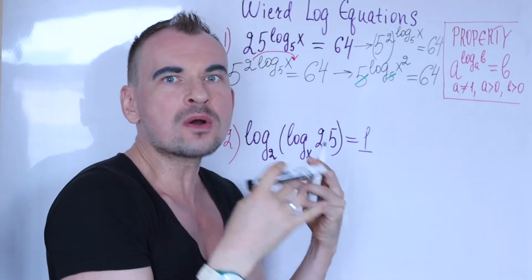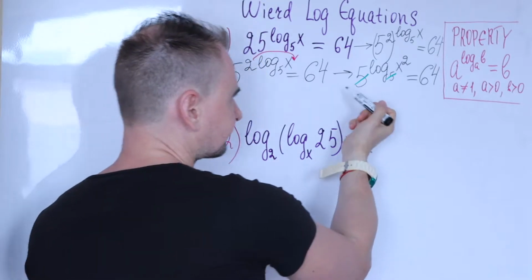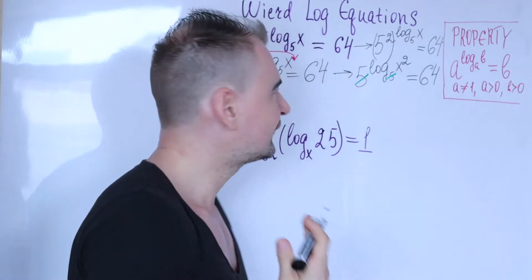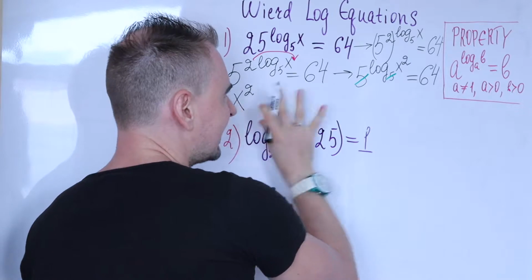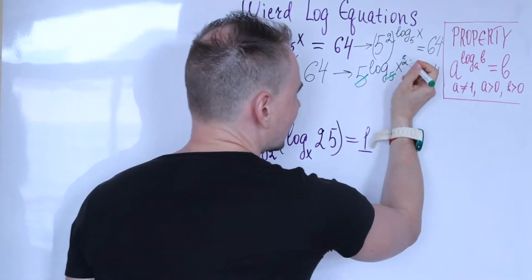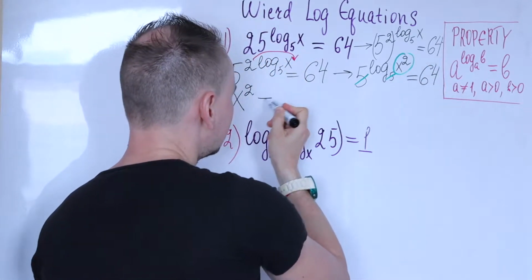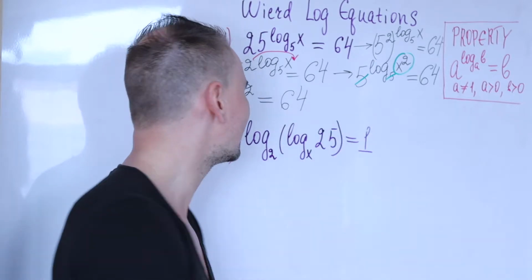So the log disappears, the log drops out also with the 5. So it becomes just x squared. Whatever you have as an argument of this log expression is just x squared, and you still keep whatever you have on your right side.